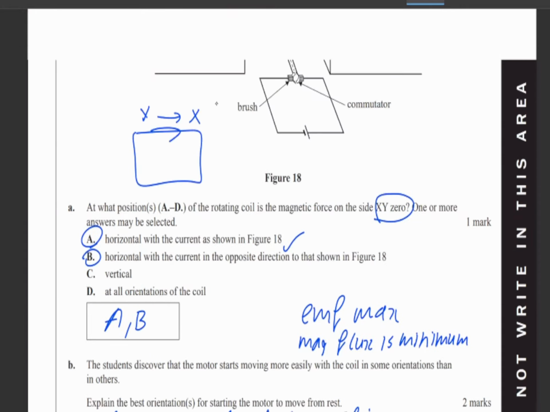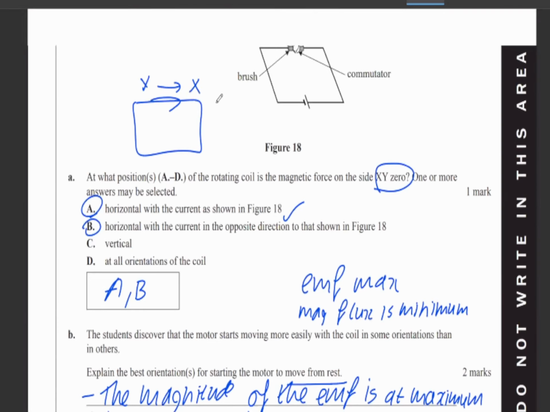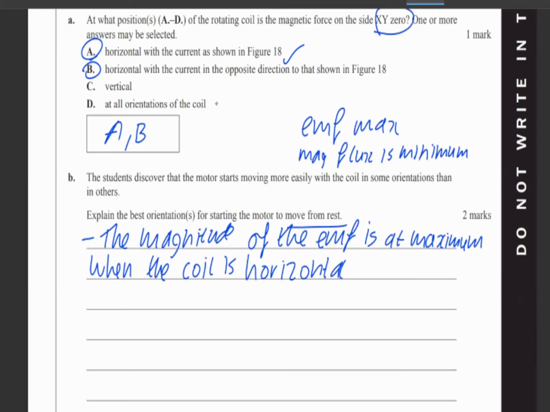So when it's minimum is when it's horizontal, because there's not going to be anything going through here. The magnetic field is not going to go through the core. Is horizontal. And yep, I guess that's good enough for 2 marks.